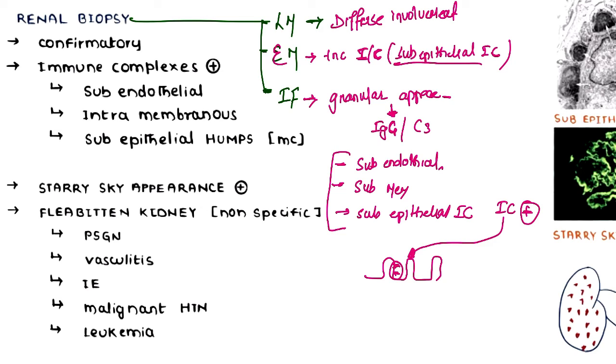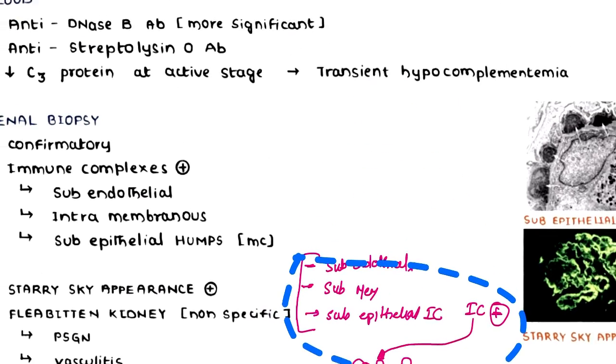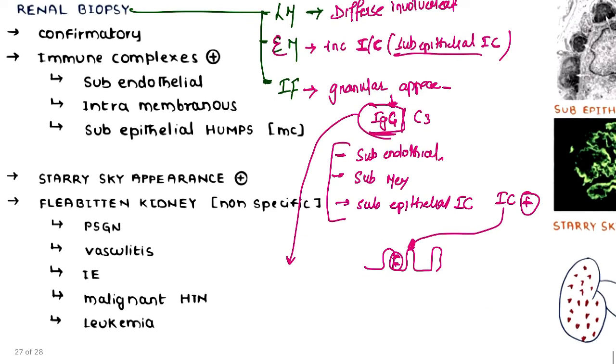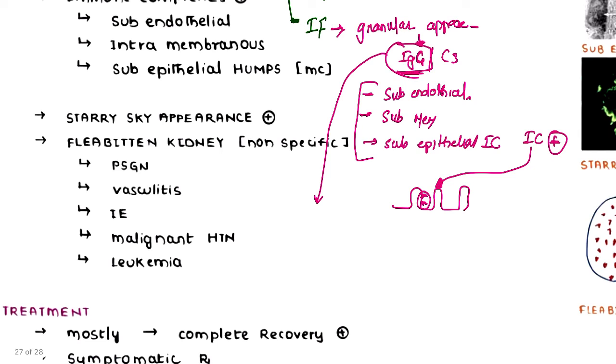One important thing I'd like to mention here: in the case of streptococcal pathogens there is IgG formation, but in the case of Staphylococcus aureus there is formation of IgA, and that is one microbiology link. So here the granular appearance is because of IgG and C3 involvement.